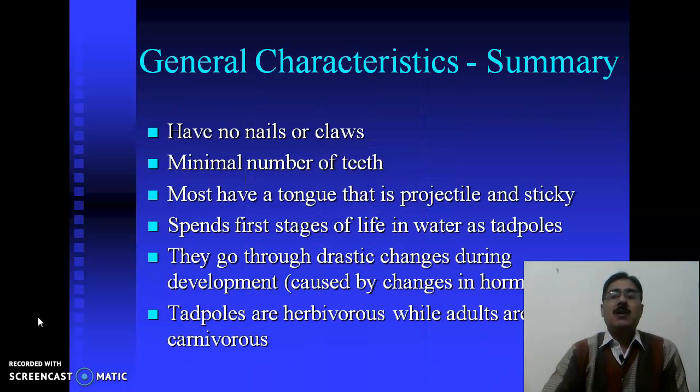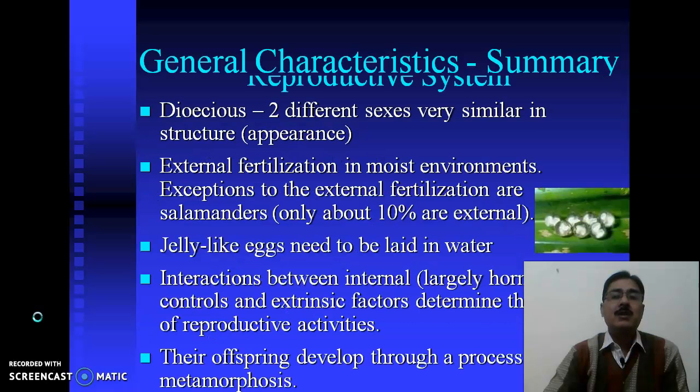Now the summary of the characteristic features of amphibians: they have no nails or claws, a minimal number of homodont teeth, most have a tongue that is projectile and sticky, and spend the first stage of life in water as tadpoles. They go through drastic changes during development caused by changes in hormones. Tadpoles are herbivores while adults are carnivores.